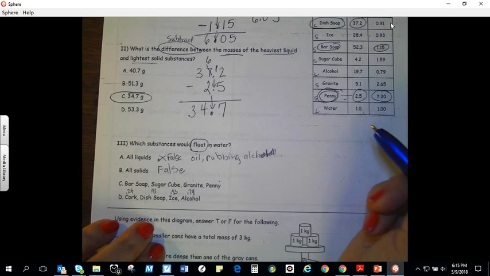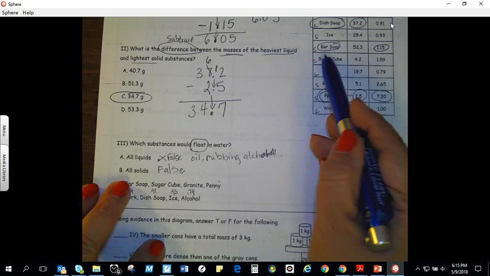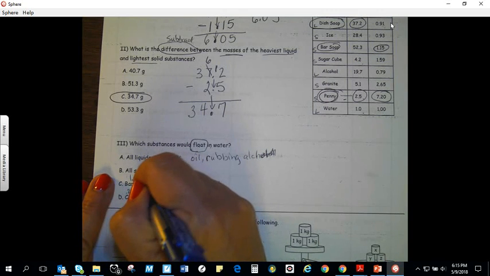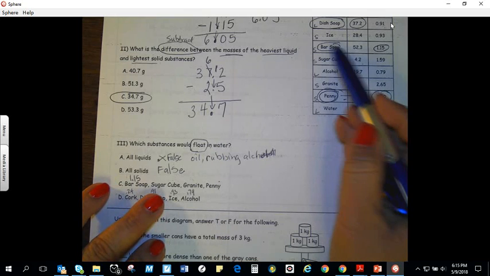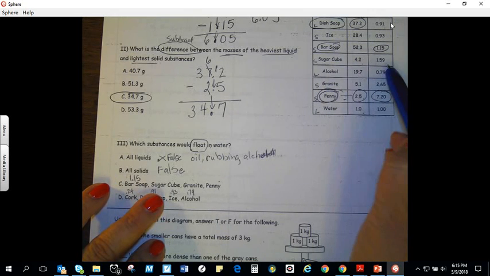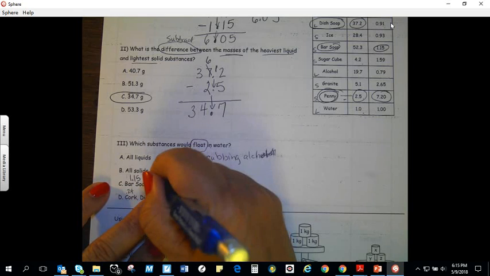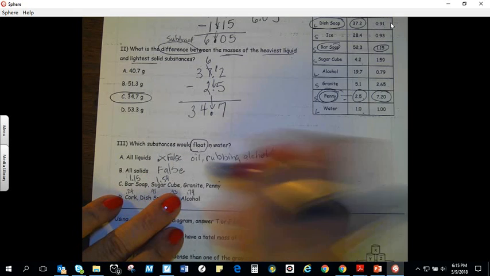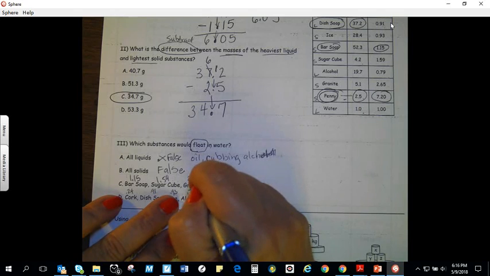Okay? If we needed to put it over here, our bar soap for density is 1 and 1500. The sugar cube is 1 and 5900. The granite is 2 and 6500.